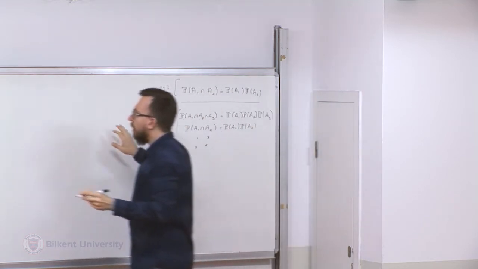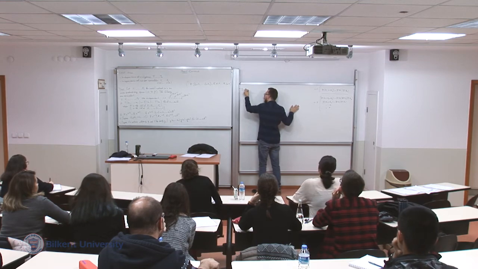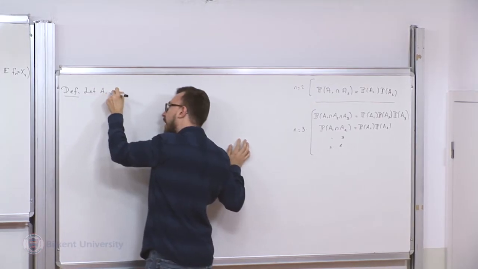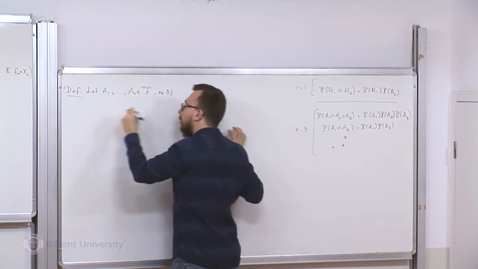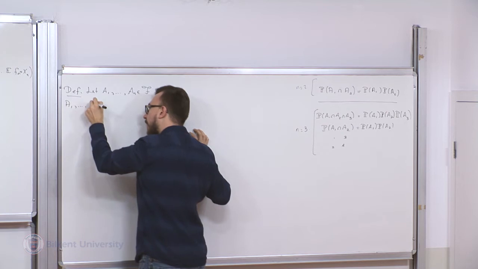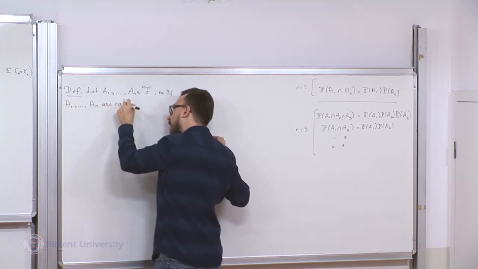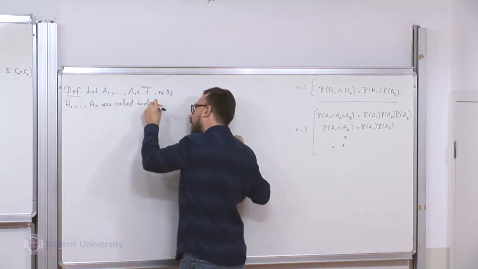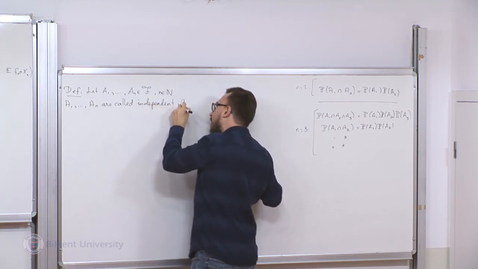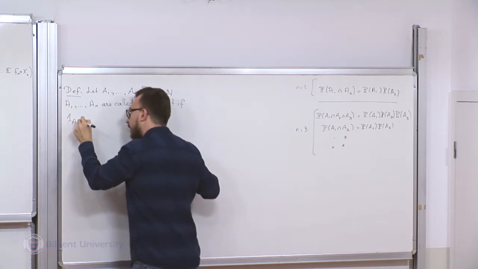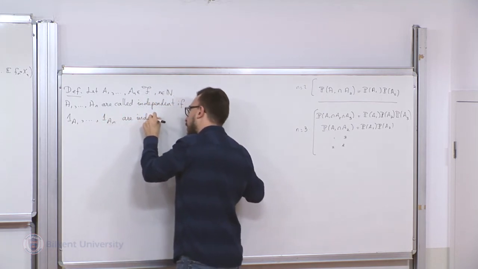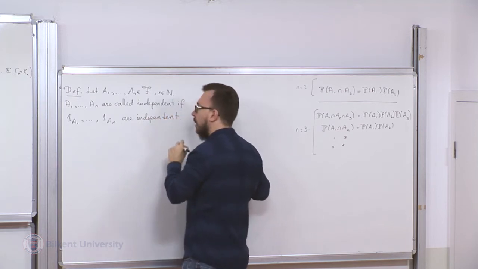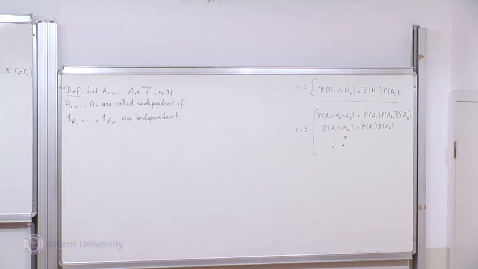So we're going to define the independence of n events. So A1 to An are called independent if their indicators are independent as random variables. Okay, so we define independence of sigma algebras.